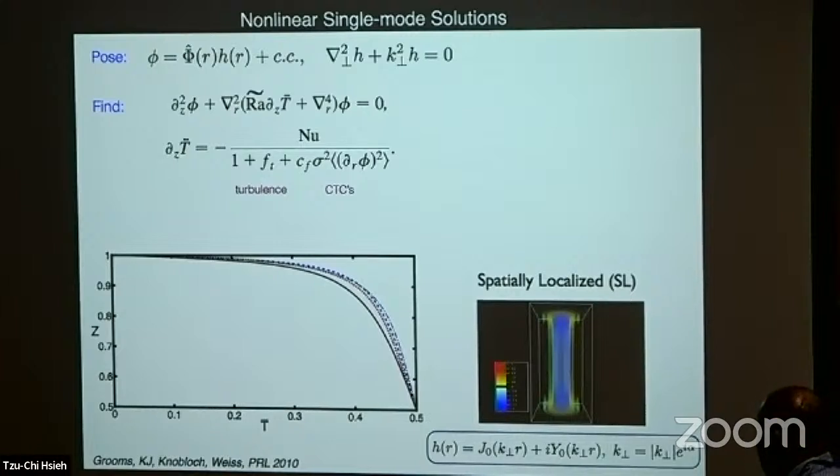Okay, but again, these are dissipative solutions. As we go up, the amplitudes are going to increase. Viscosity is always in here, always acting to make these columns.